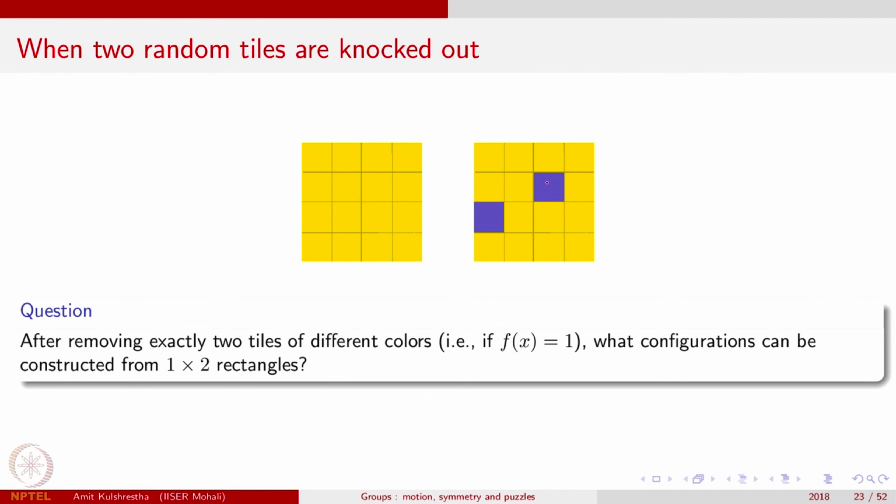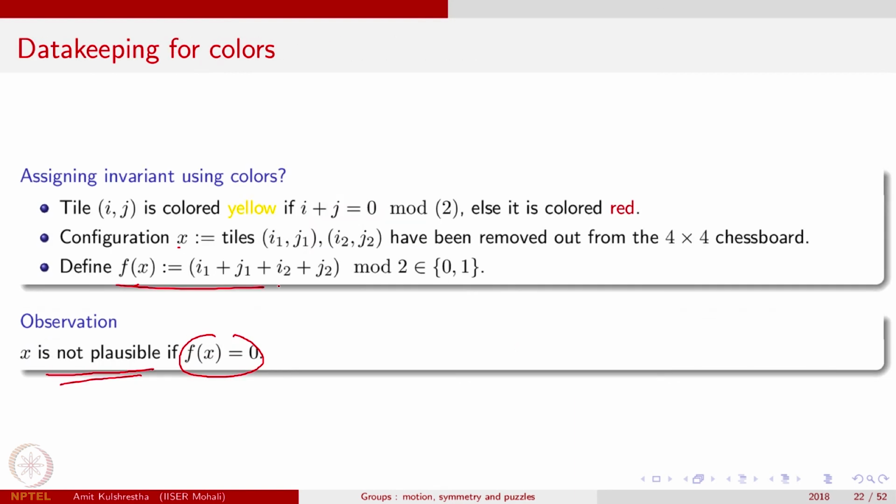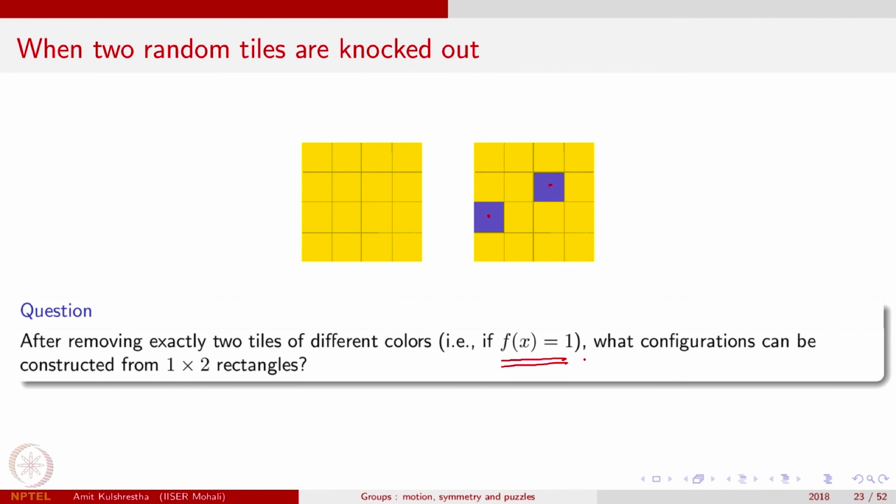So for example, if I knock out this particular one, then they are of different color. So after removing exactly two tiles of different color, the invariant that I have defined like this is actually 1. So then the question is, what configurations can be constructed from those rectangles, the 1 by 2 tiles, those smaller rectangles, and the answer is all.